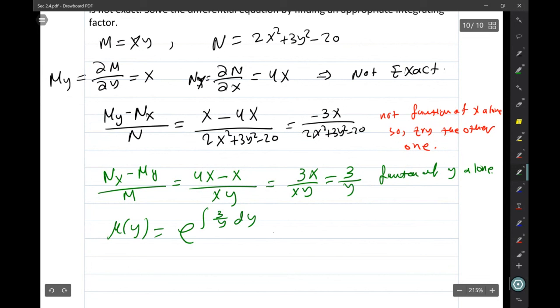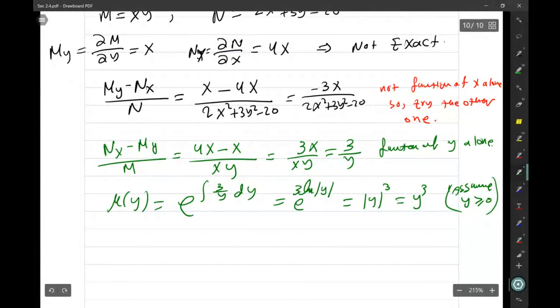which is equal to e to the power 3 ln absolute y, which is equal to absolute y to the power 3, which is equal to y to the power 3, assuming y is greater than or equal to 0.